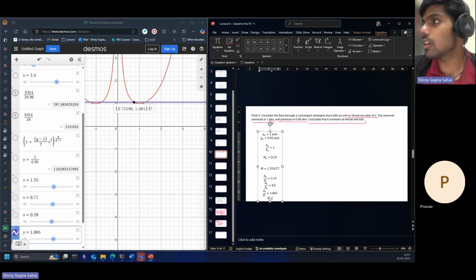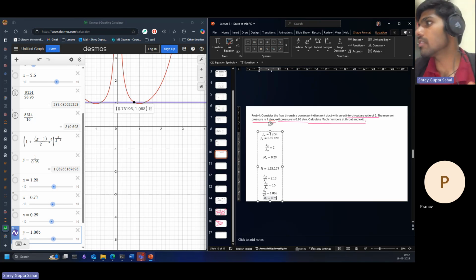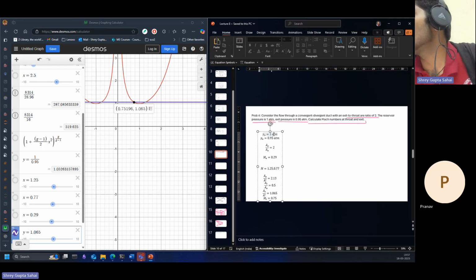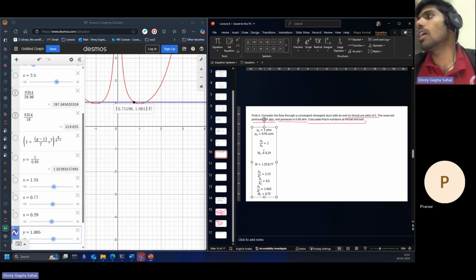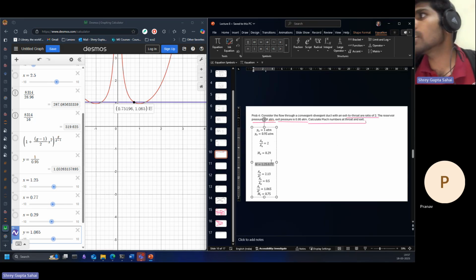Let's try to understand what exactly is happening. We got to know that if we would have chosen Mach number based on area ratio, we would have gotten two values which were inconsistent with the pressure ratio. So this is not driving the Mach numbers.